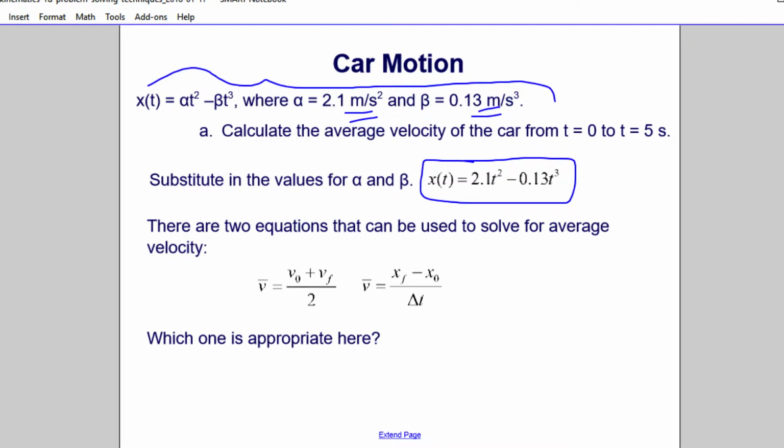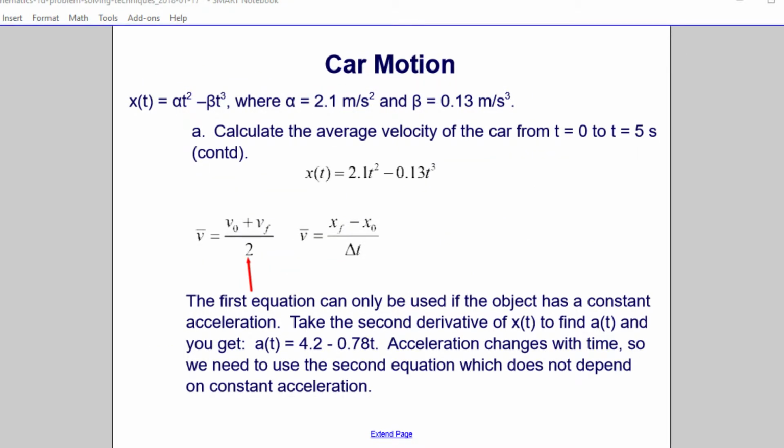and just focus on the functions. Now there are 2 equations that can be used to solve for average velocity. We have the definition of average velocity here, which is delta x over delta t. And here's what we can find by averaging your initial and final velocity. Which one is appropriate here? We know that this equation here can only be used when acceleration is constant.